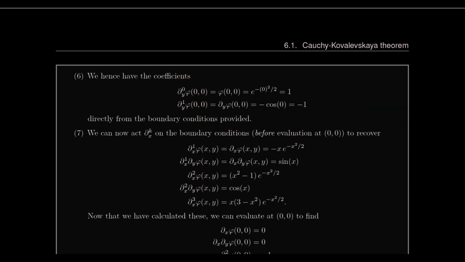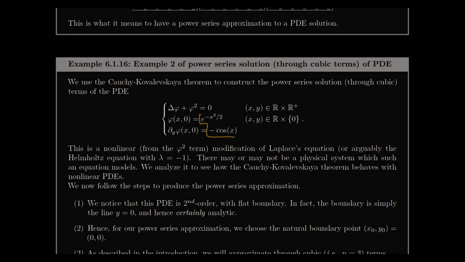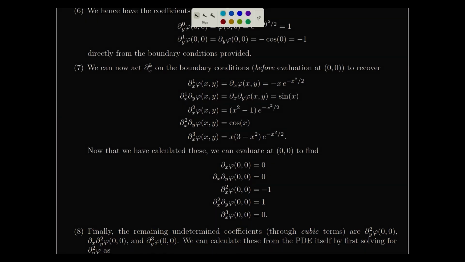When I perform those derivatives on the Cauchy data, right, so it's me performing partial x's of these 2 cases, what do all of the terms end up being? I get negative x e to the minus x squared, I get sine, I get x squared minus 1 e to the negative x squared over 2, I get cosine, I get x cubed minus x squared e to the minus x squared over 2, whatever.